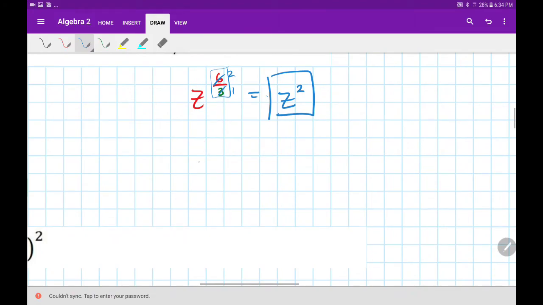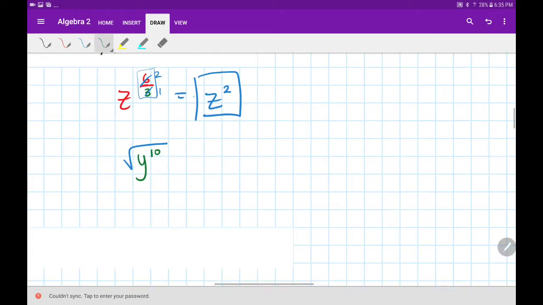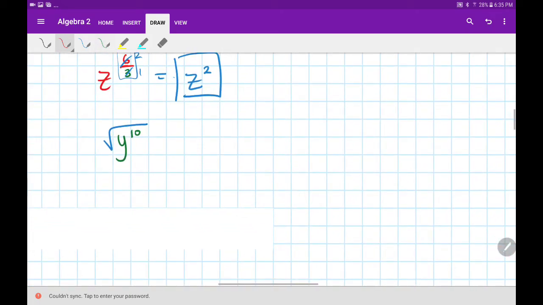So check this out. What if I asked you to do this? The square root of y to the 10th. First of all, we know we're going to have to rewrite it as y to the 10 over something. But what is that missing root number? Is it a 1 or a 2? If you said 1, you're thinking about invisible exponents.